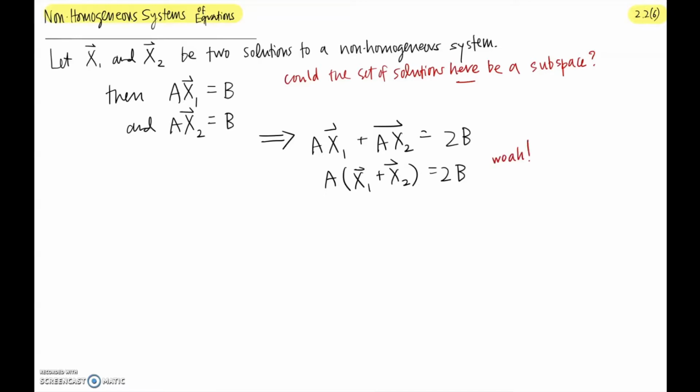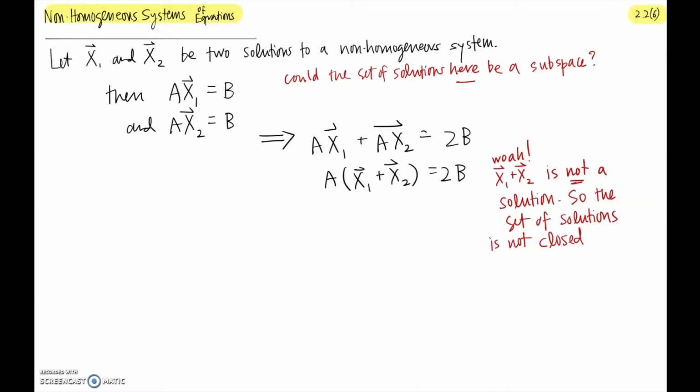So at this point, we have to say, whoa, x1 plus x2, this is just another vector. The sum of those two vectors is not a solution to the system. So the set of solutions is not closed under vector addition.